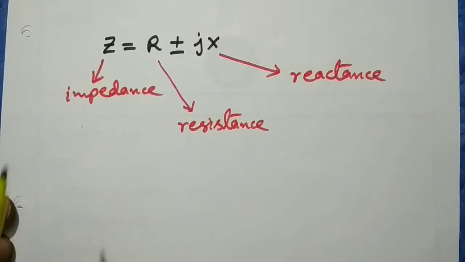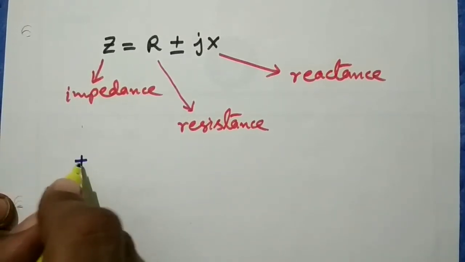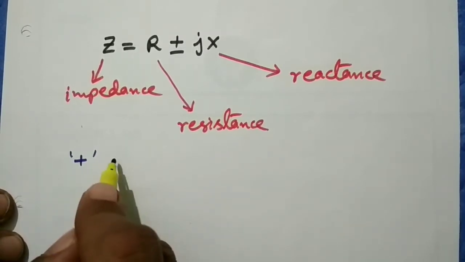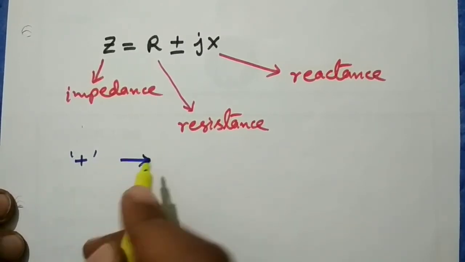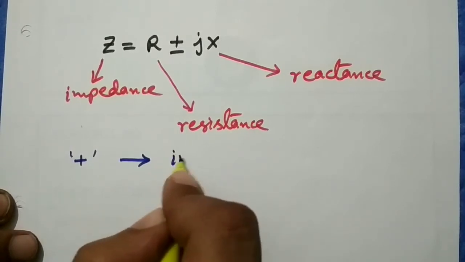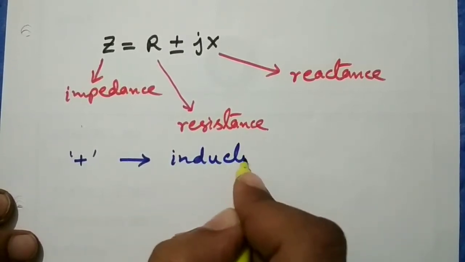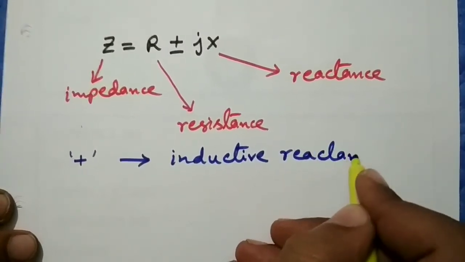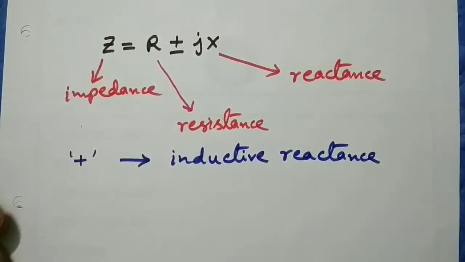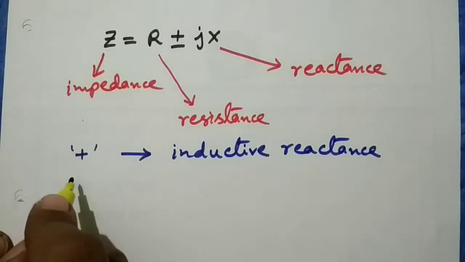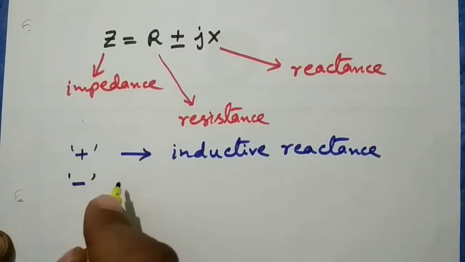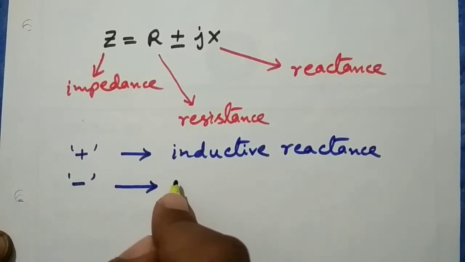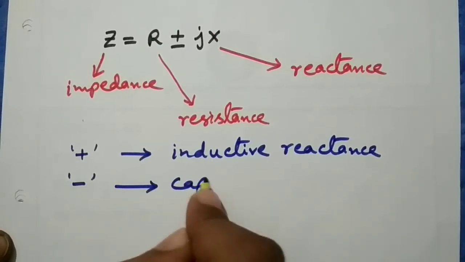Now, if the sign before the complex part is positive, then it indicates the reactance is inductive reactance. And if the sign before the complex part is negative, it indicates the reactance is the capacitive reactance.